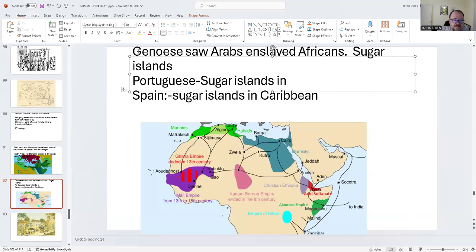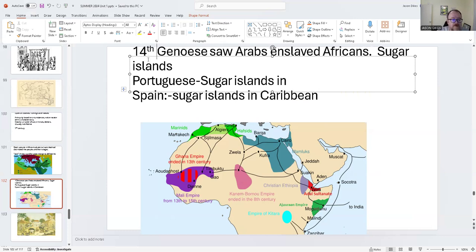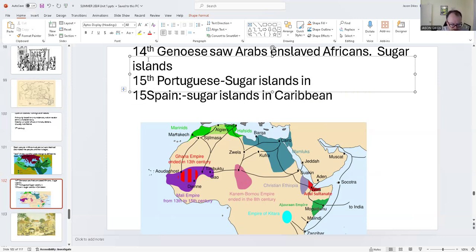And so it sort of starts here in the 14th century, and then it's picked up by the Portuguese in the 15th century, and then eventually Spain bringing it to the New World, the Caribbean islands, in the 16th century. And eventually, the British would pick up on it in the Caribbean as well.